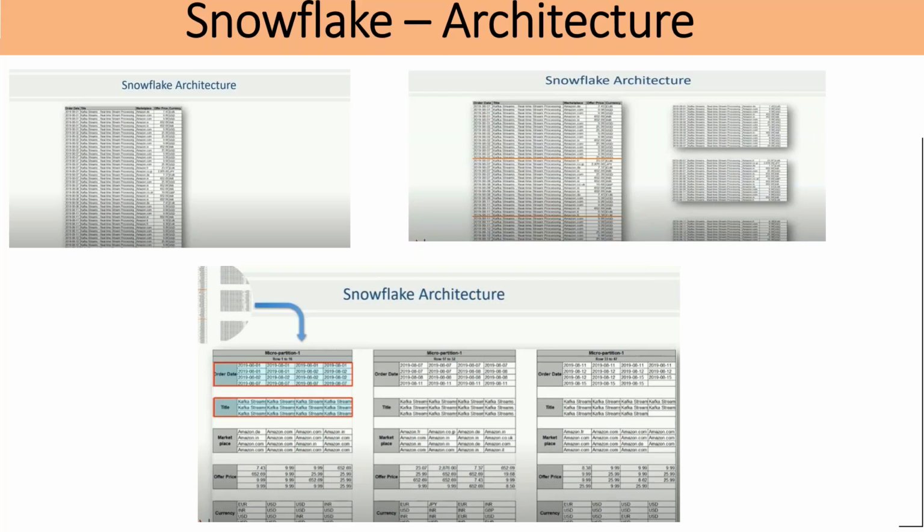Compressed 16 MB. I don't understand why, but the documentation says 50 to 500 MB uncompressed, and the max compressed is 16 MB. If you compress 500 MB, even with 50% compression, how much would it take? 250 MB, right?